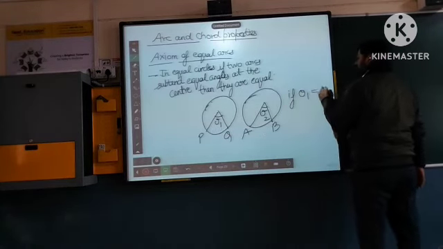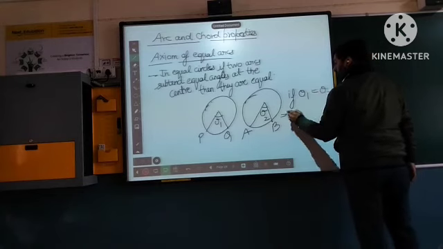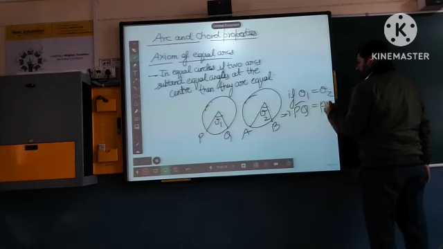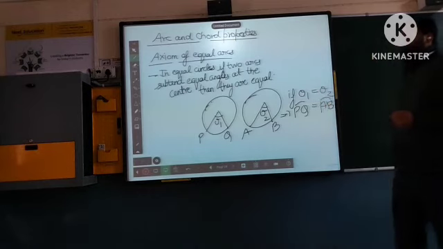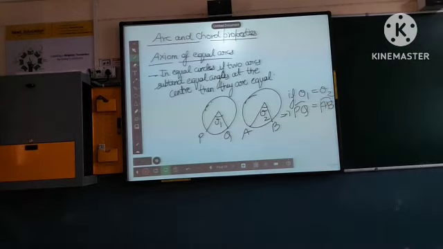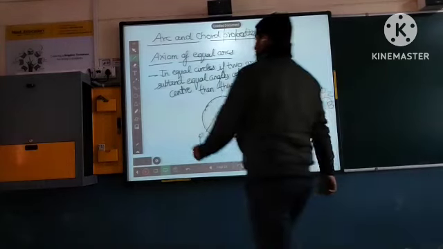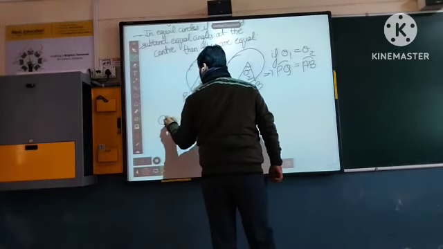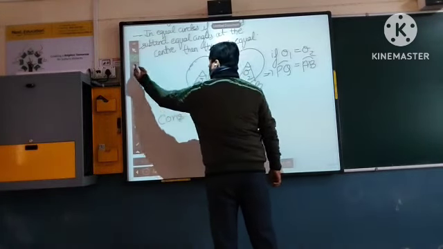The angles I am naming theta 1 and theta 2. So if theta 1 and theta 2 are equal, we can say arc PQ and arc AB will also be equal. Make sure you remember the way we show the arc: when we write the letters, we show an arc on top of them. That is the representation of the arc. Then the converse also is true.